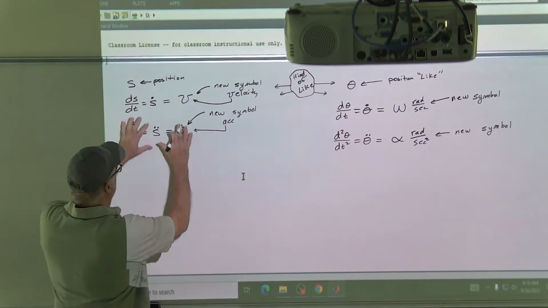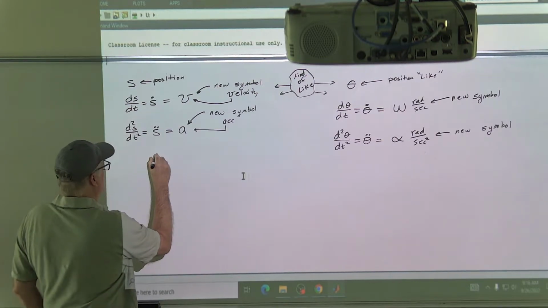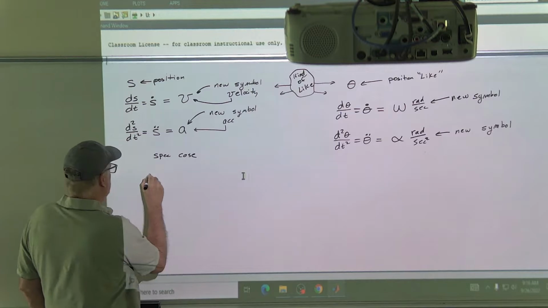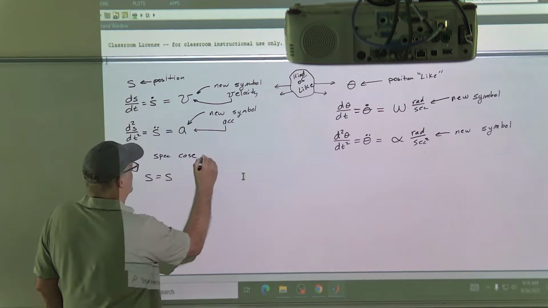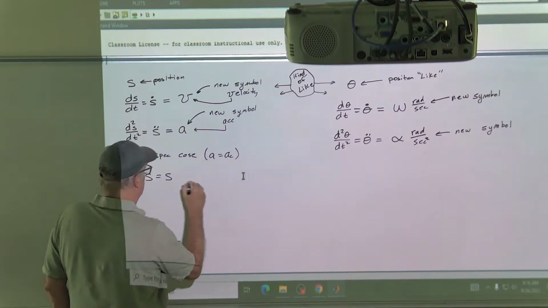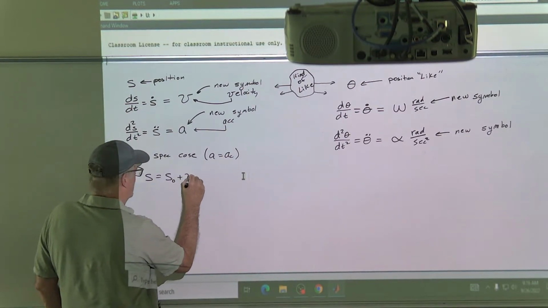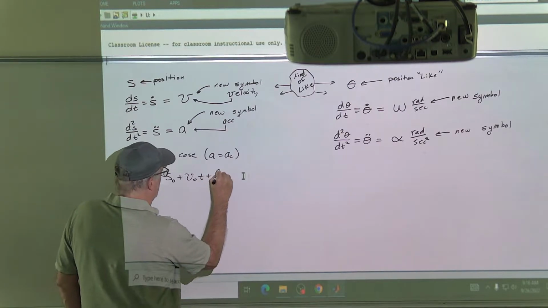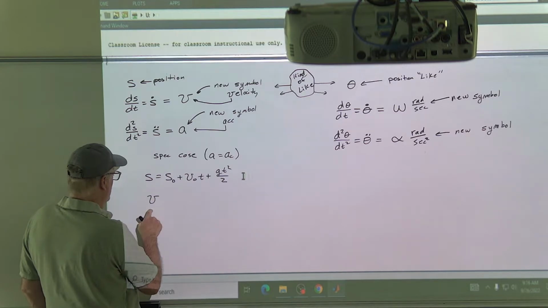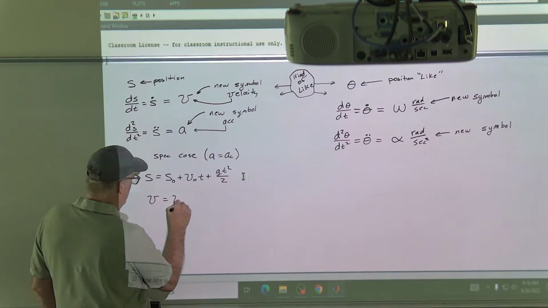And so if you go back to this, he had a special case, and his special case was such that his acceleration was equal to a constant. And so you get this, and then you get the next one. I should have written this one above that one, but it's okay.